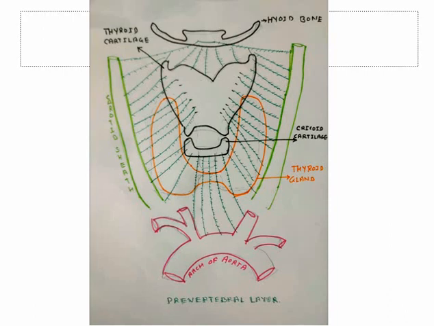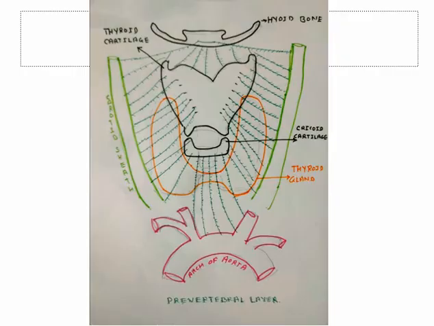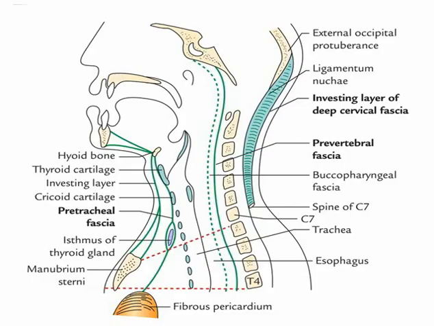Now coming to the next layer, that is the prevertebral layer. As the name suggests, this layer is present in front of the vertebral column. If we see the figure, in this figure this layer is prevertebral fascia.